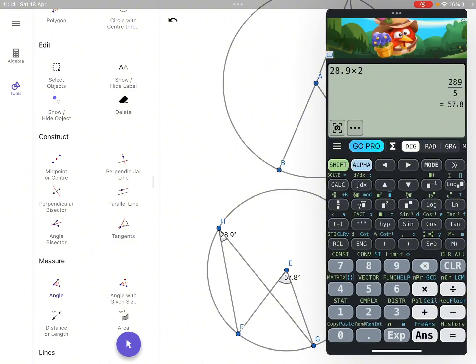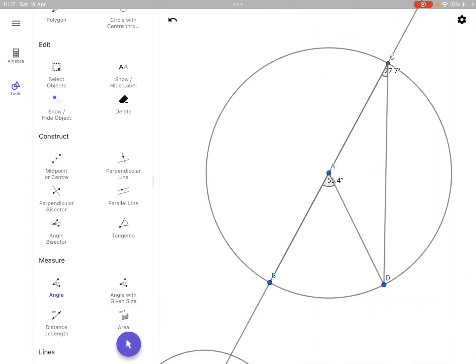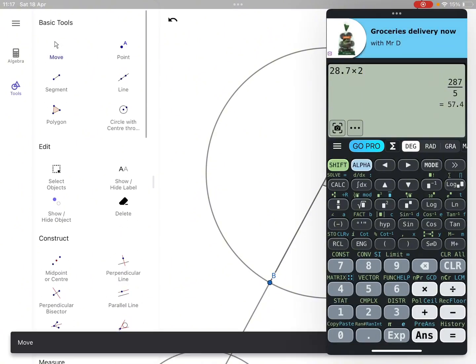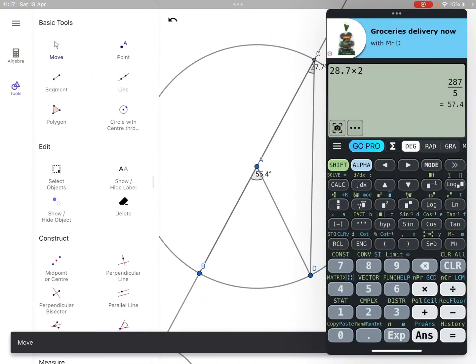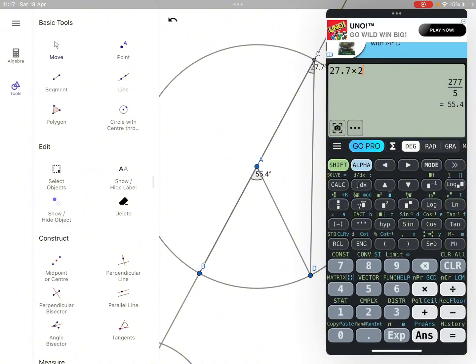The angle at the center is 2 times the angle at the circumference. And here the angle is 27,7 and this is 55,5. So 27,7 times 2 is 55,4. So the angle at the center is 2 times the angle at the circumference.